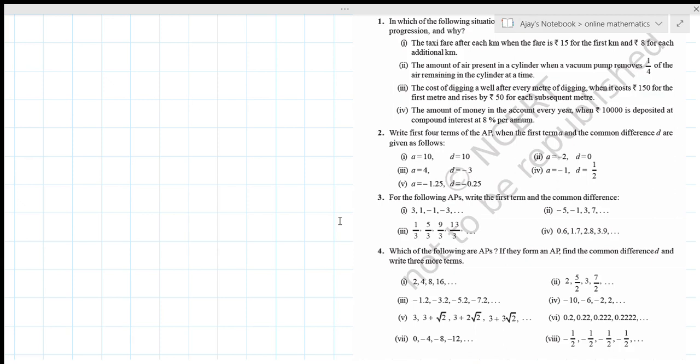For the following APs, write the first term and common difference. So we already learned that the first term is nothing but a and common difference is nothing but d.